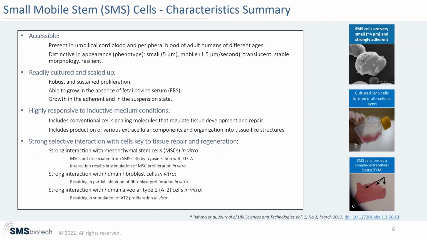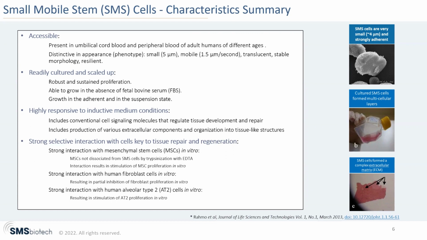SMS cells have a very important feature that is quite relevant to tissue regeneration. That is their selective interaction with cells that are already known to be key to tissue repair and regeneration.